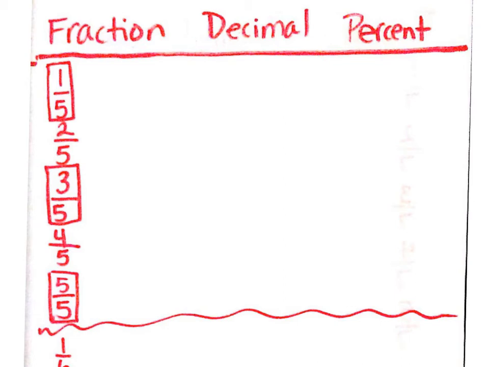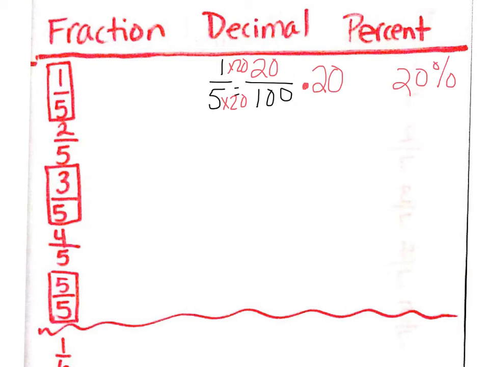Fifths is just as easy because 5, the denominator, will go into a decimal place, which is 100. So we can take our 1/5 and say, what would I have to multiply by? I'd have to multiply by 20. So I'd get 20 100ths, which is written 0.20, and then that's 20%. 2/5, same thing. 2/5 equals how many 100ths?